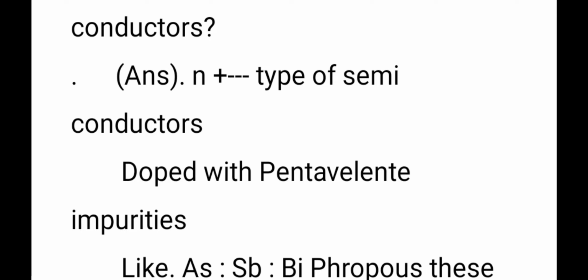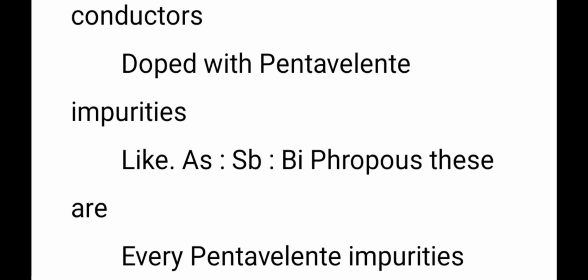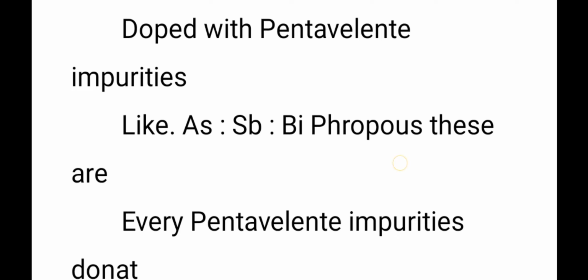Pentavalent, for example, phosphorus. Phosphorus has atomic number 15, and the nearest noble gas configuration is neon, with 10. In the outermost orbital it has 5 electrons. These electrons participate with silicon or germanium, so that is doping with a pentavalent. Examples: arsenic, bismuth, phosphorus.